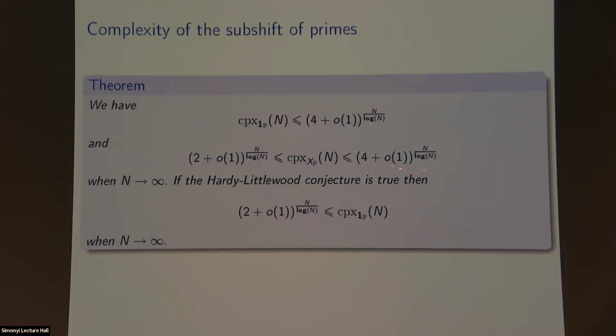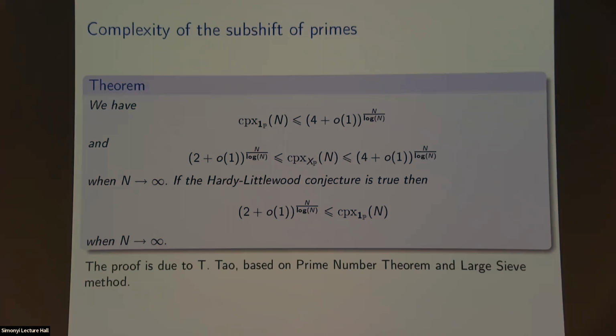The same upper bound is valid for the complexity of the P-admissible shift, while the lower bound is something like 2 to the power n by log n. And this is unconditional. But if we assume Hardy-Littlewood or Dixon's conjecture, then we also have a lower bound for the complexity of the prime shift, and this is exactly the same expression.